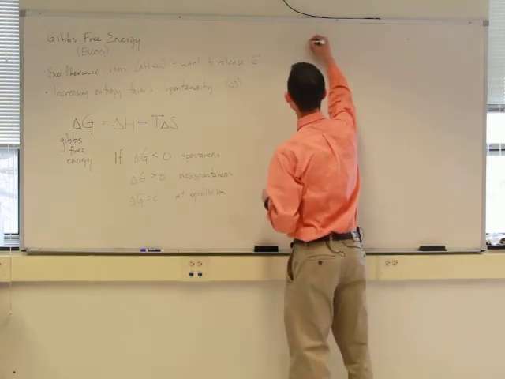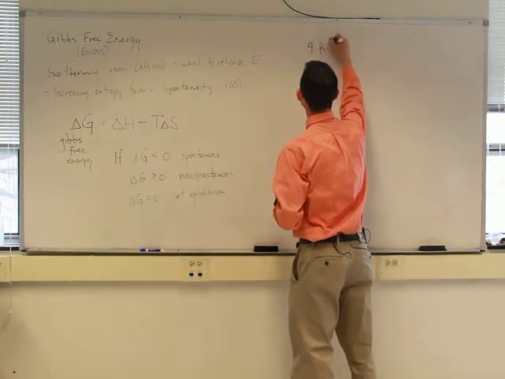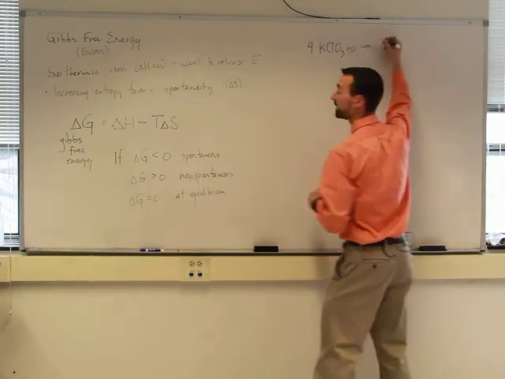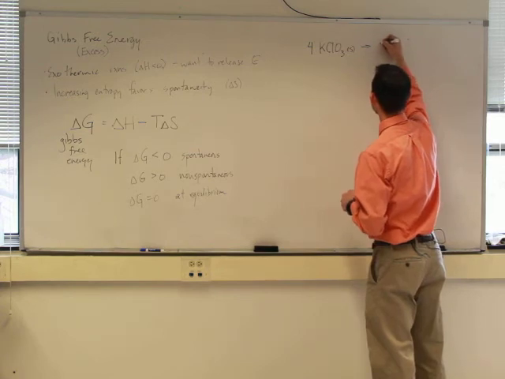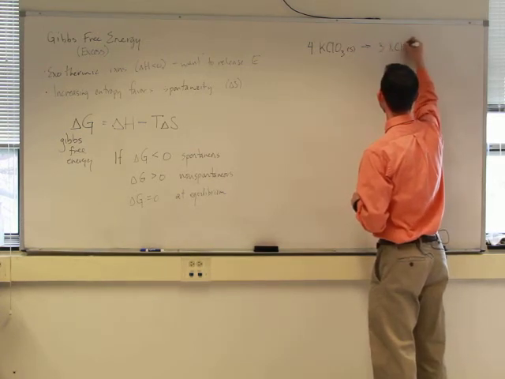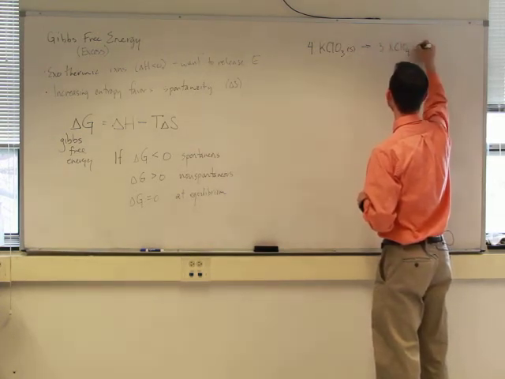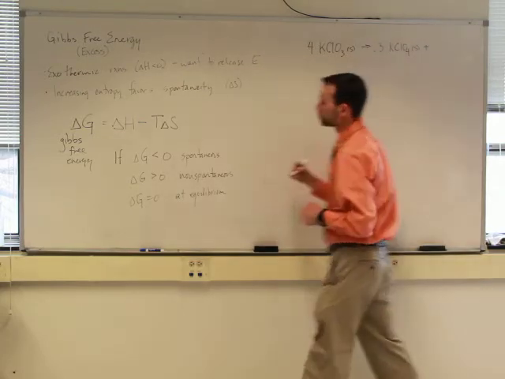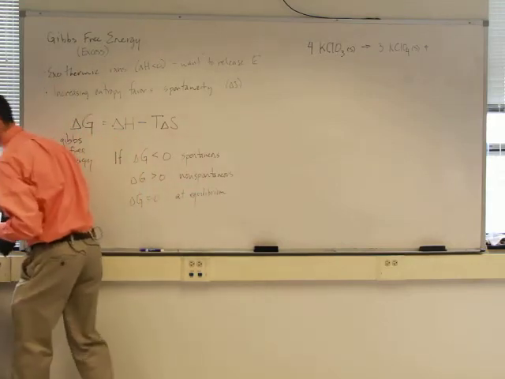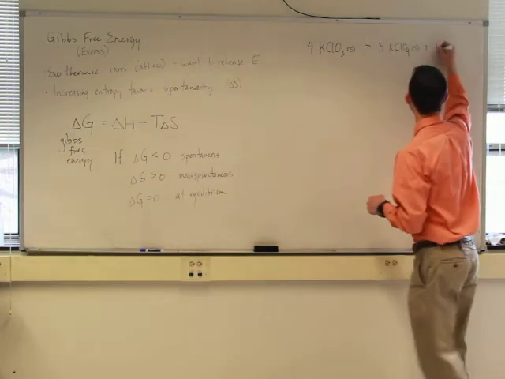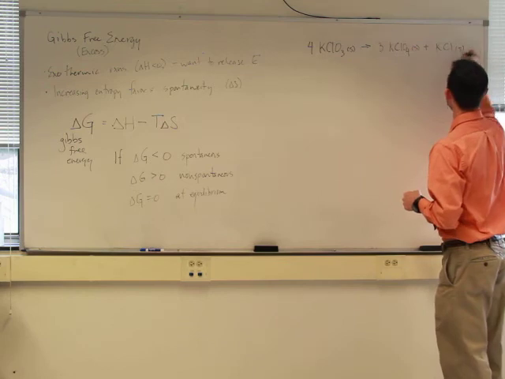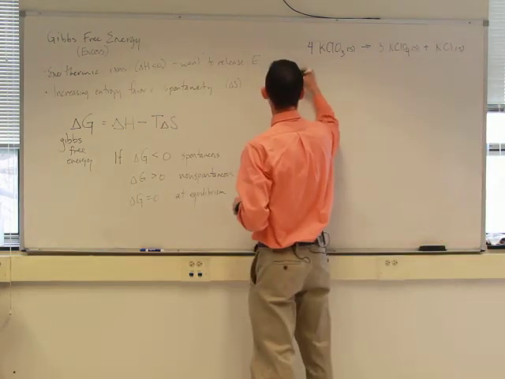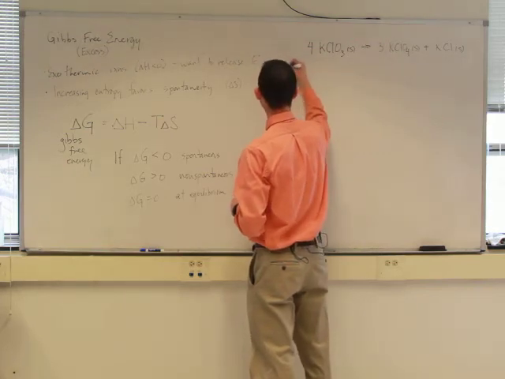So let's put this to work in a reaction here. So let's consider the reaction 4 KClO3(s), which are a solid, decomposing into 3 KClO4(s), which are a solid, and 1 KCl solid. Okay. Now, we could use Appendix 2b.